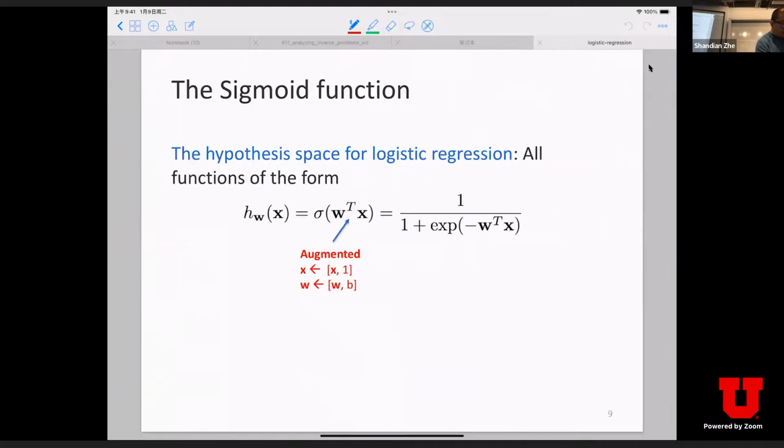And here, again, for simplicity, we assume X has been augmented with a constant feature 1.